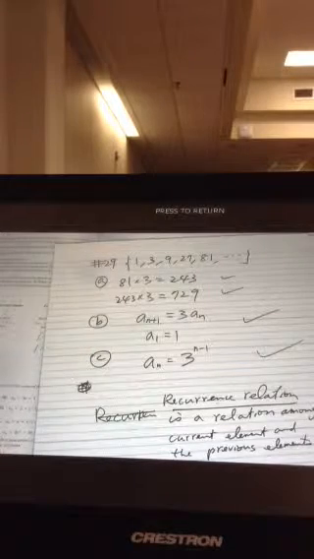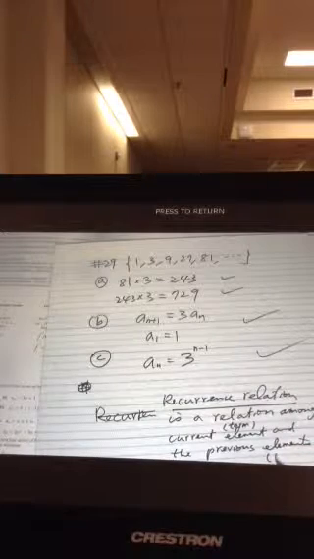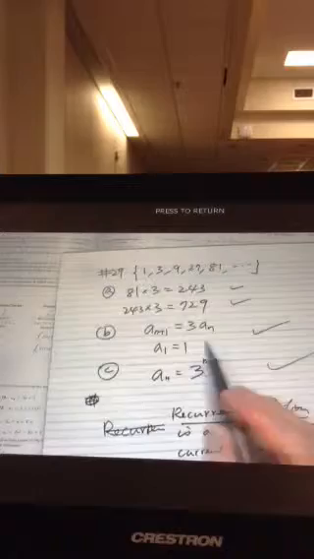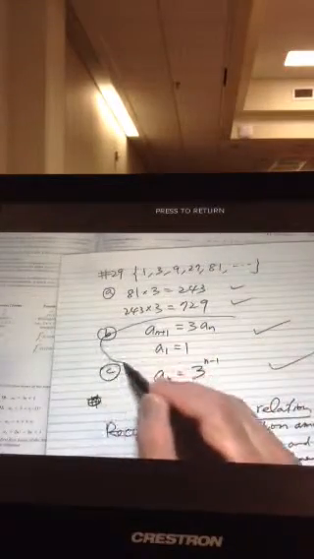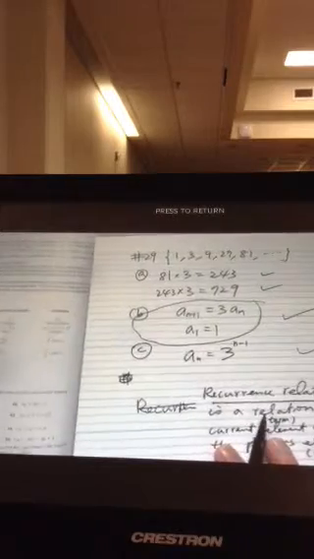I'm calling it elements or numbers, terms. I would say current term and then the previous terms. So this is a recurrence relation. Can you see it here?